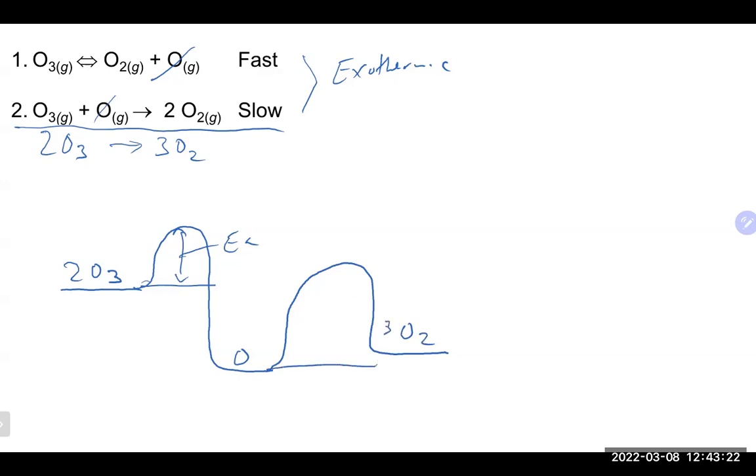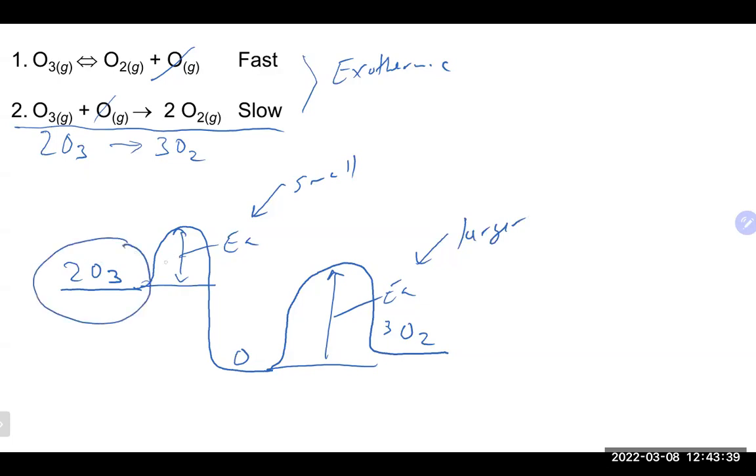And this would be the hill for our second step. So we can see again a much smaller hill here on the first step, right? Which is why it's fast. A larger hill over here because it's a much slower step. Overall in terms of energy, reactants are higher in energy than products, right? So we're going to give off energy overall, and this reaction would be exothermic.